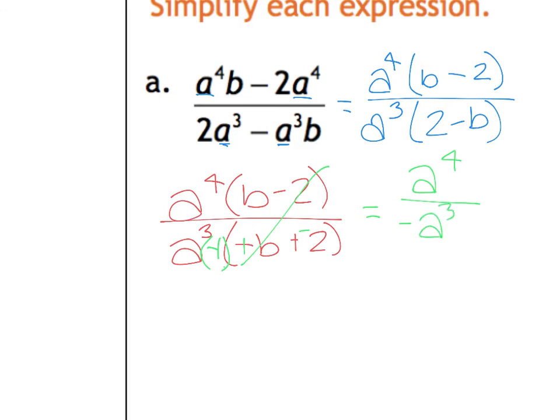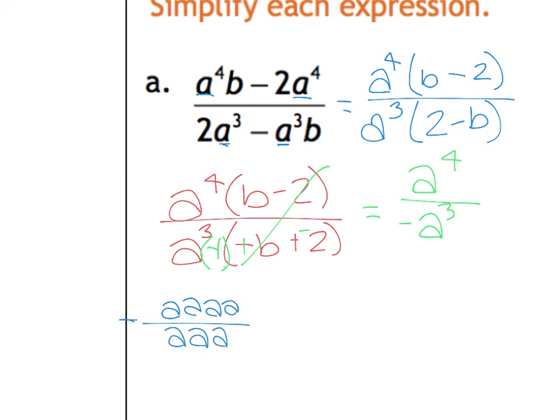All right, now let's remember our exponent rules. When we have the same base on the top and bottom, remember we can subtract the exponents. So 4 minus 3 would give us an exponent of 1. To remind you where this comes from, this can be rewritten as a times a times a times a over a times a times a.